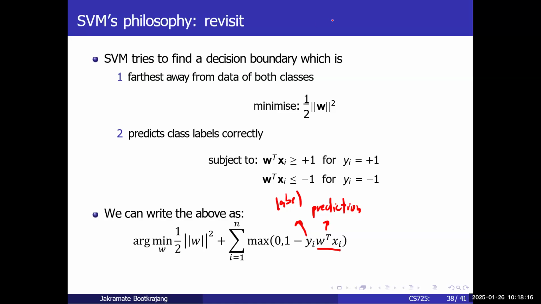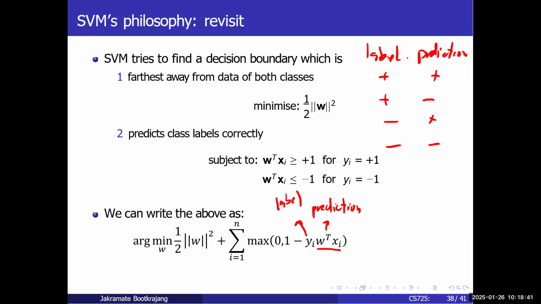Right? So for the label and the prediction, if the label is positive, the prediction is positive, right? So you have this combination, right? You have this combination, right? So you only care about the sign.